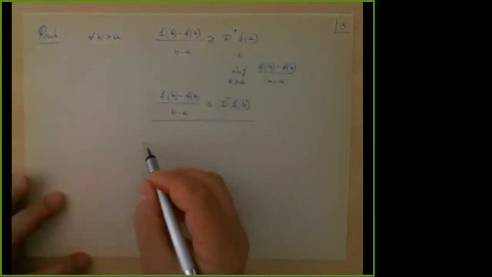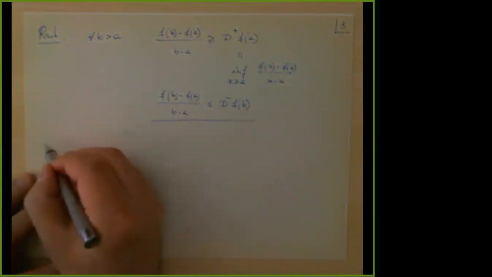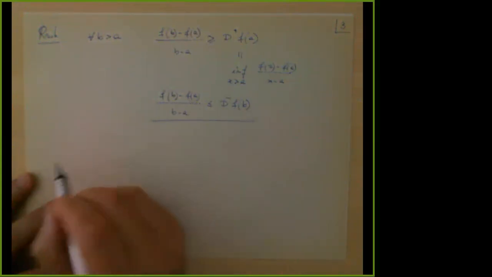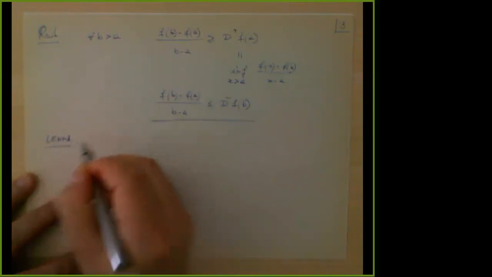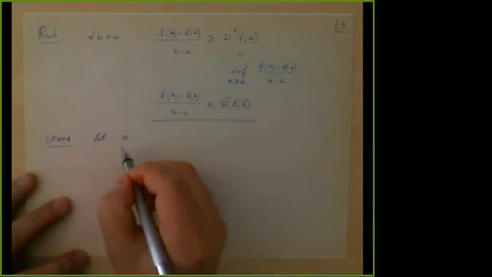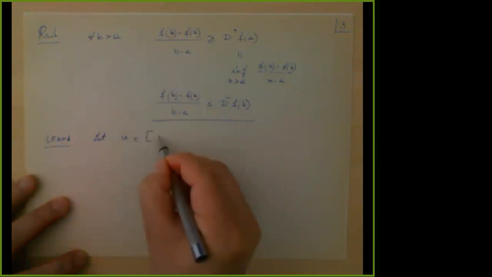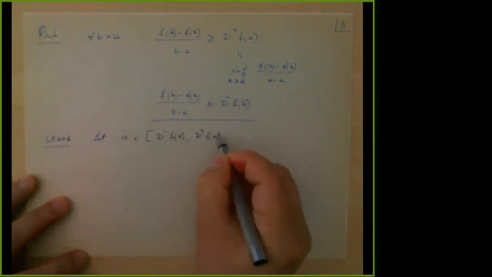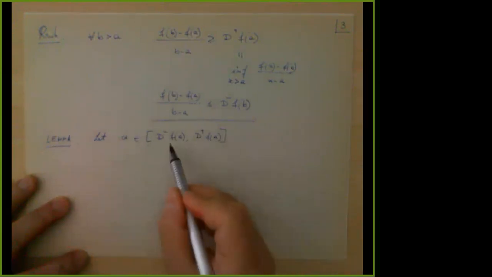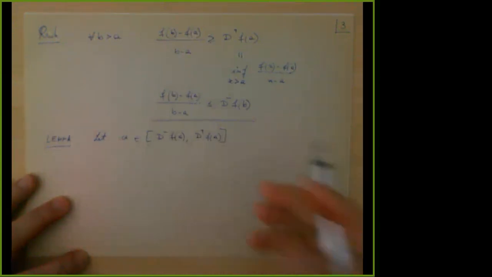So this observation allows us to prove, well, let's say a lemma. Let alpha be any element belonging to the interval d minus f at a, d plus f at a, where again, remember that a is a point interior to the interval and f is a convex function, so always the same assumption.